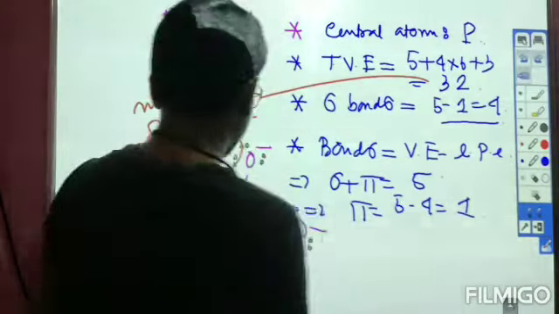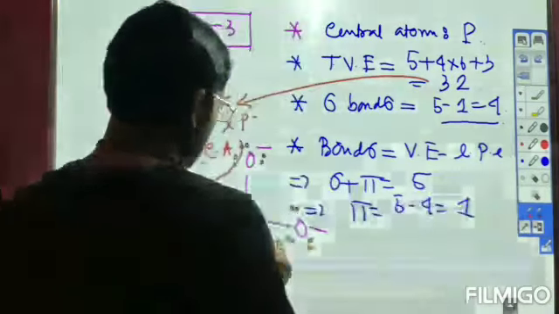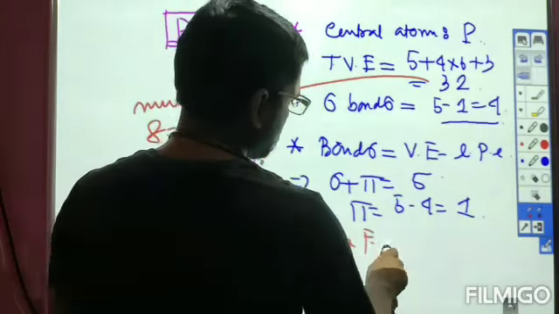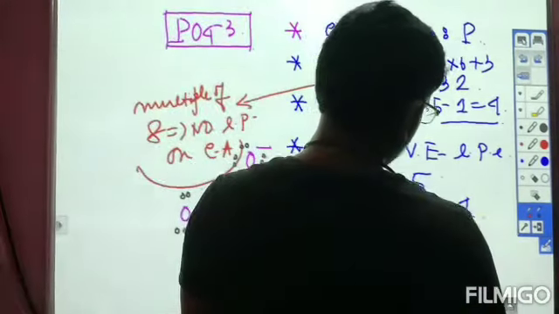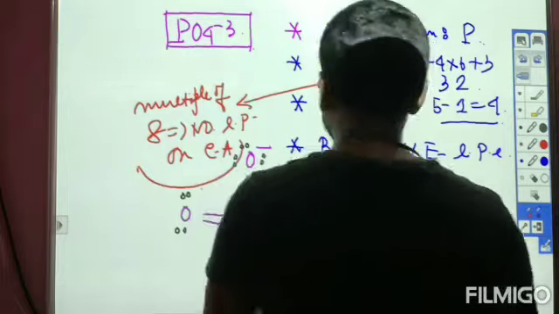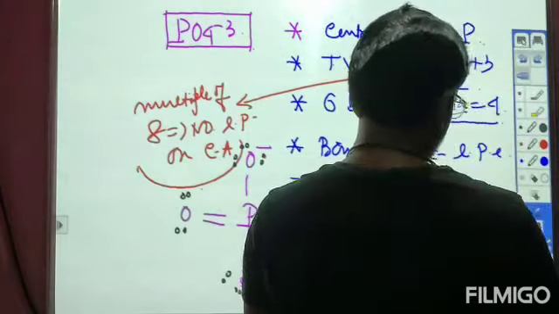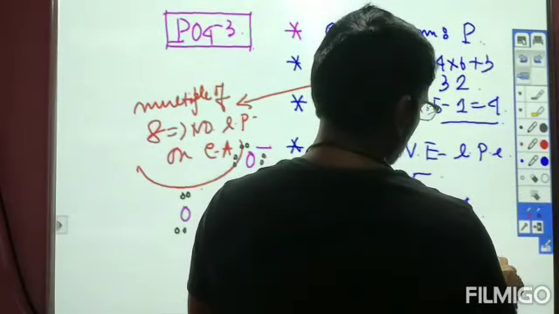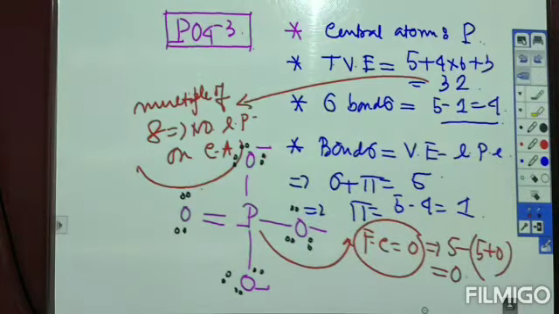Okay. If you count, see, phosphorus, it won't have any formal charge. Here formal charge is 0, right? By formal charge formula, valence electron minus number of bonds 1, 2, 3, 4, 5, so 5 bonds plus lone pair electron 0. So formal charge 0. So it won't carry any formal charge. So structure is done.